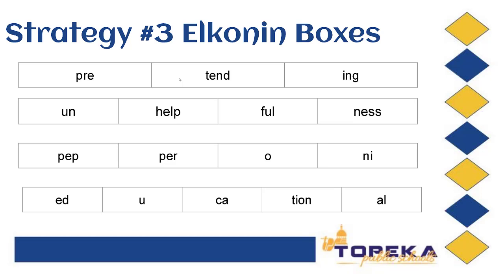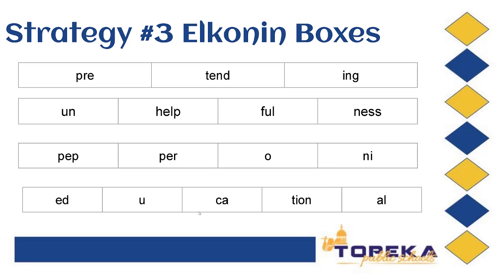And sometimes when students get proficient with this, many times all you have to say is that word has 3 syllables and students will see the word pretending. If I look at unhelpfulness, notice that I have 4 boxes for 4 syllables. Pepperoni, 4 boxes for 4 syllables.